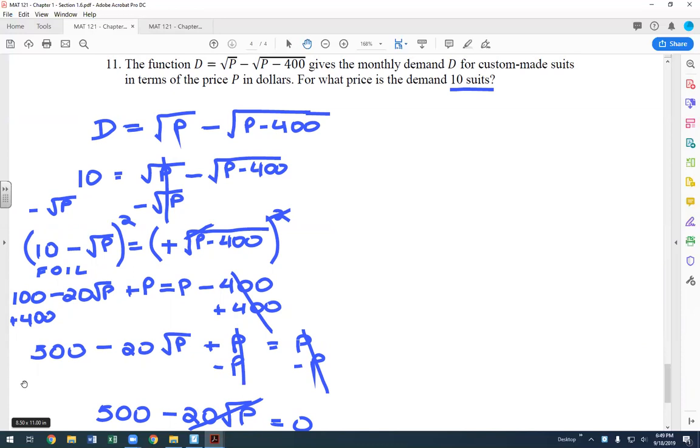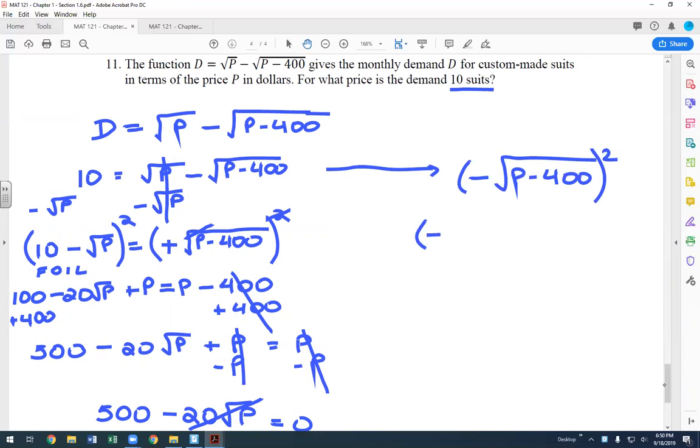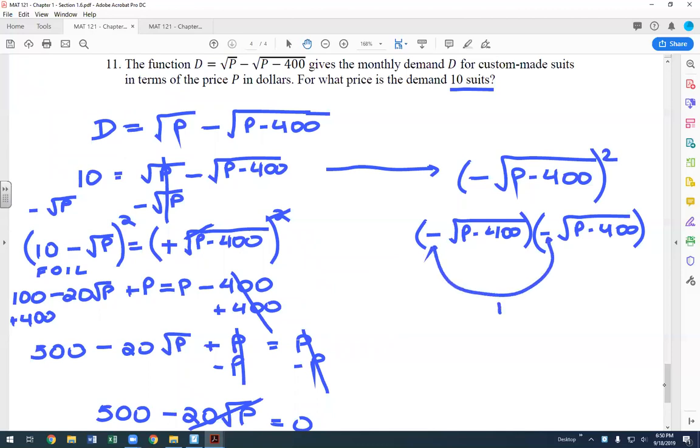So here, what happened was you had negative square root of p minus 400 that we squared, right? Since we squared it, technically that's the negative of this number multiplied into itself, so that's where the negative times negative becomes a positive.